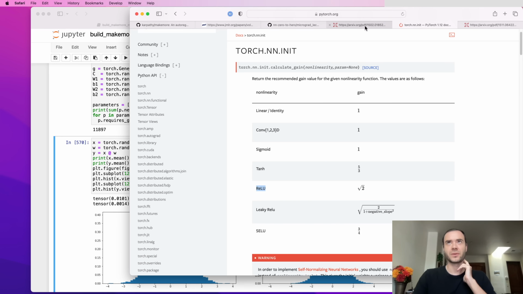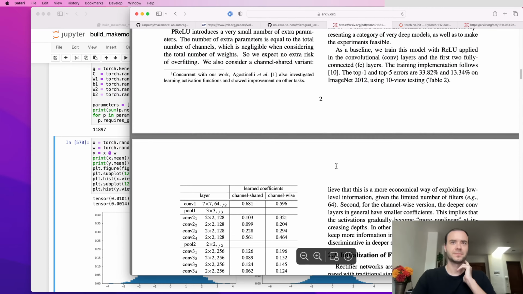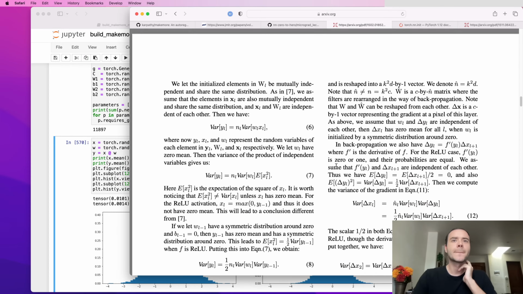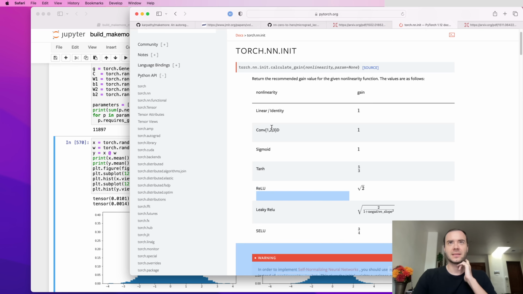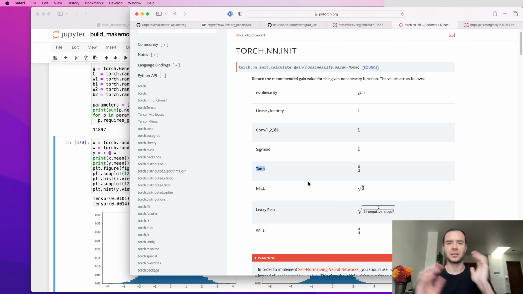And the reason it's a square root is because in this paper, you see how the 2 is inside of the square root, so the gain is a square root of 2. In the case of linear or identity, we just get a gain of 1. In the case of tanh, which is what we're using here, the advised gain is 5/3. And intuitively, why do we need a gain on top of the initialization?